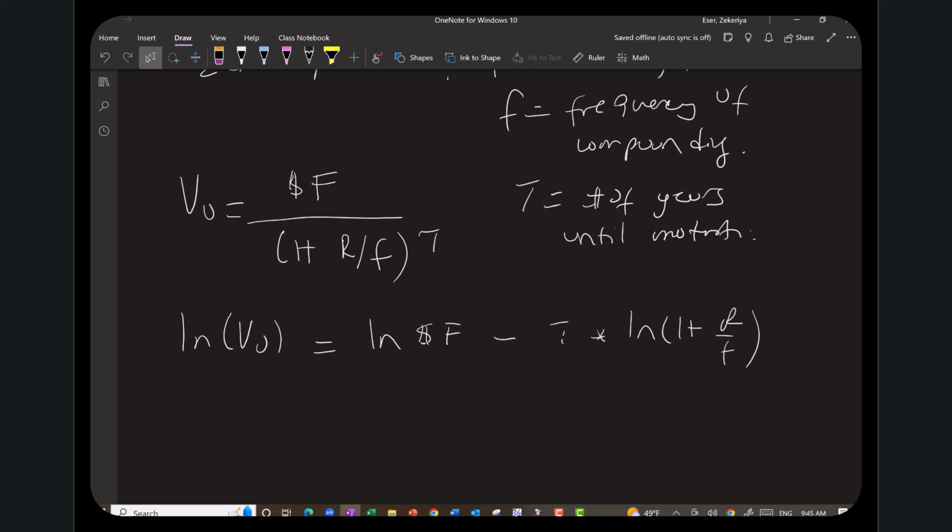It's not a problem. Now, if I calculated the derivative of ln of d0, if I plotted this as a function of r against the value, I'm going to get some sort of nonlinear chart, right?